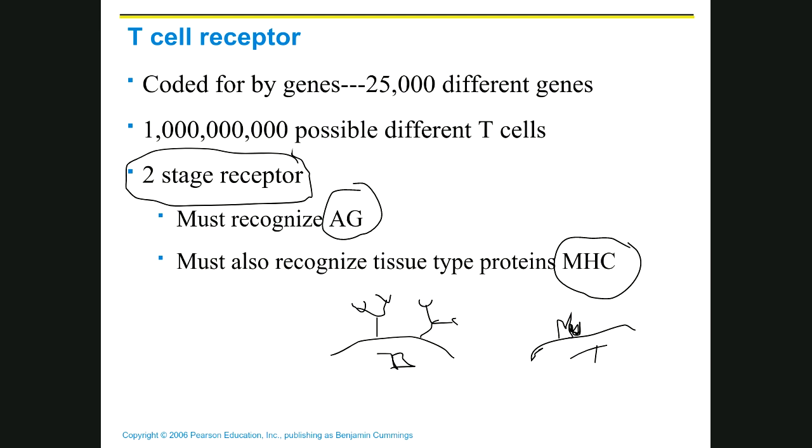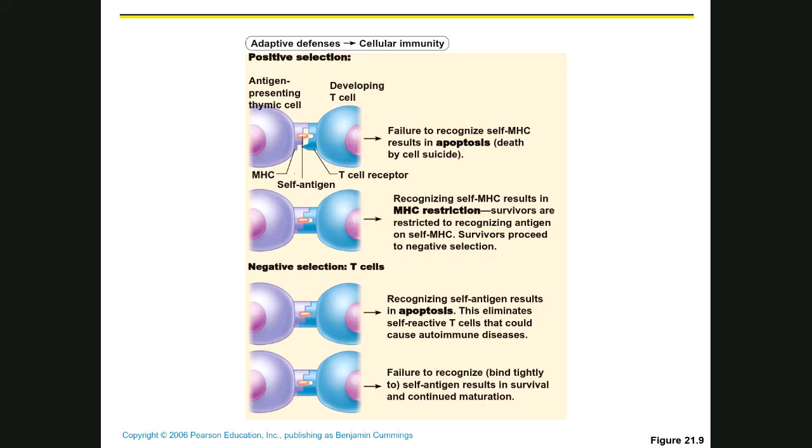And one part recognizes MHC, and the other part recognizes the antigen. So the MHC and the antigen are hooked together, and they hook up or connect to this receptor.